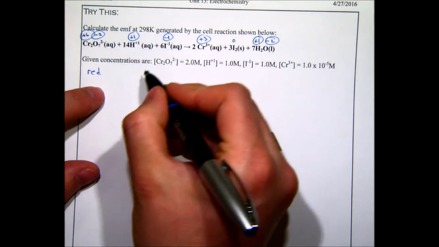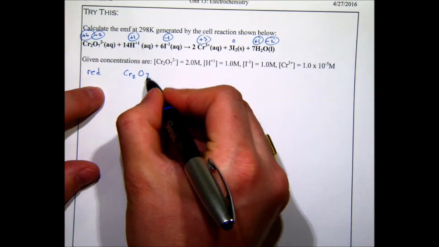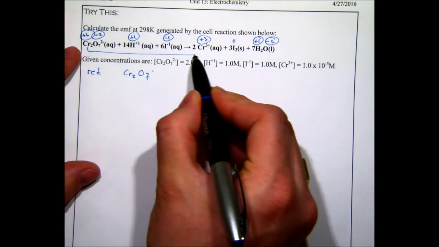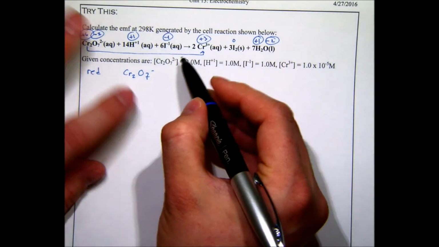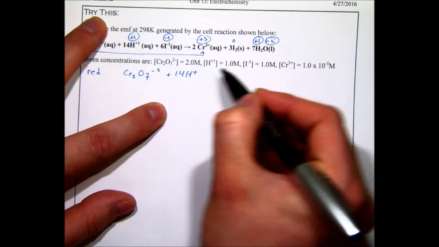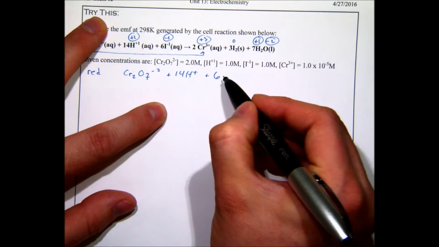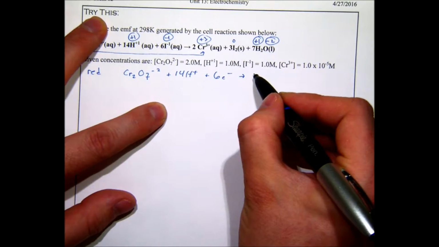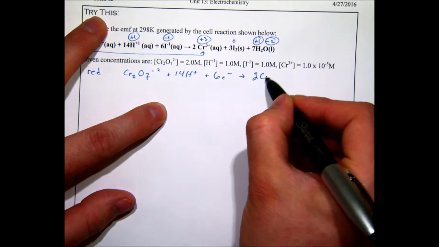There'd be really no exceptions to this in electrochem. Always going to end up doing your oxidation numbers. So we have reduction. So dichromate is being reduced. We have chromium going from +6 to +3. That's a reduction. I'm going to look at Appendix E, look for dichromate and find my appropriate reaction.